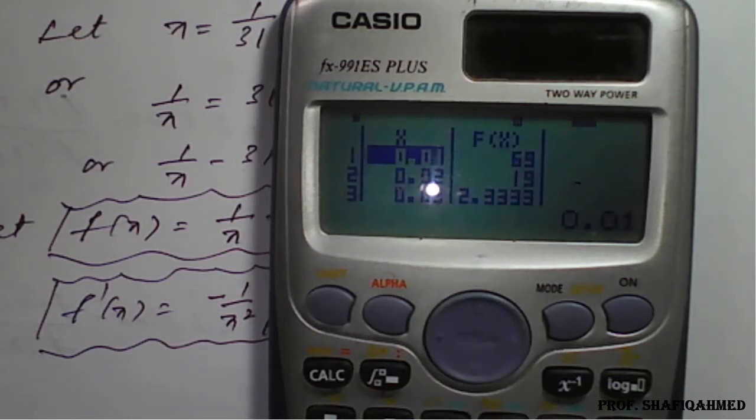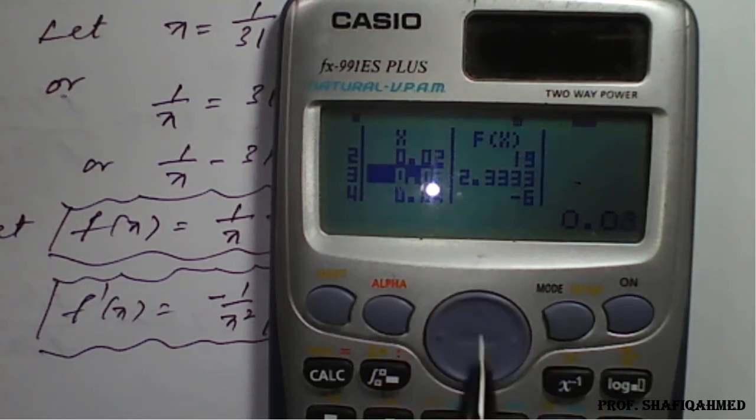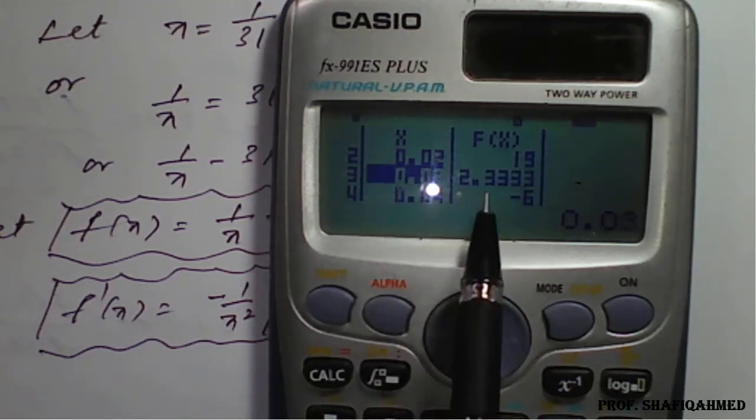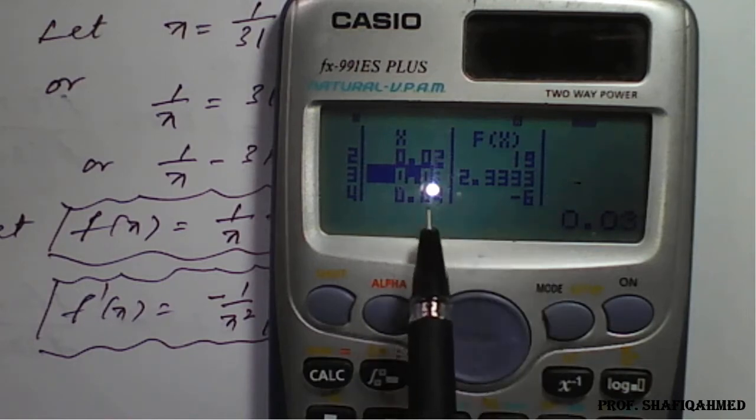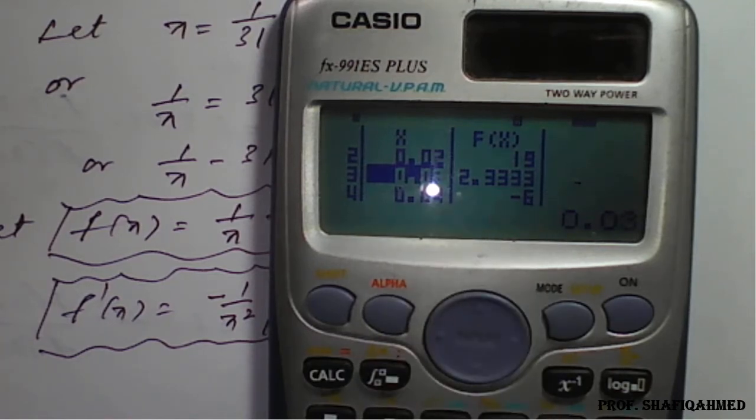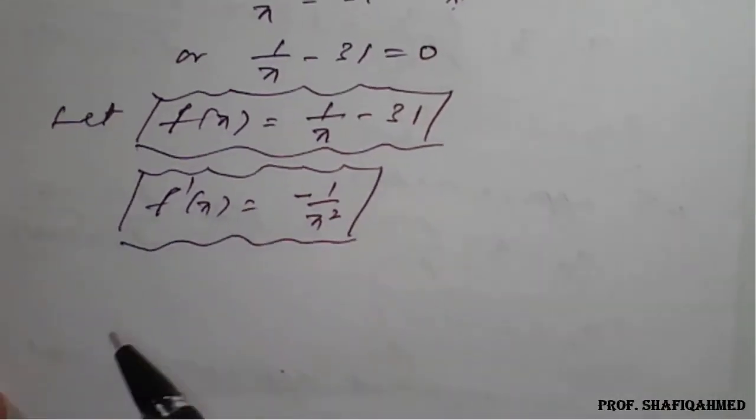Fine. So you can find the values like that. Then check positive, negative. For 0.03 it is coming as a positive value, and for 0.04 it is coming as a negative value.